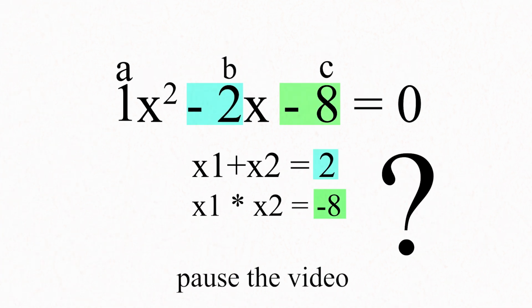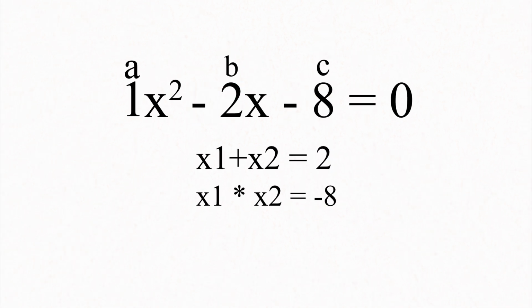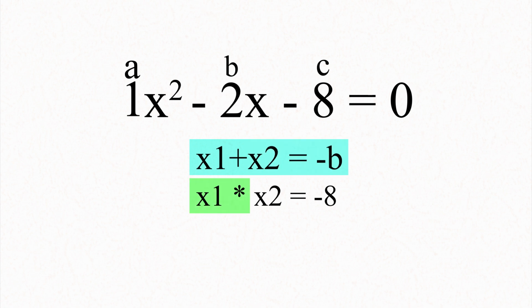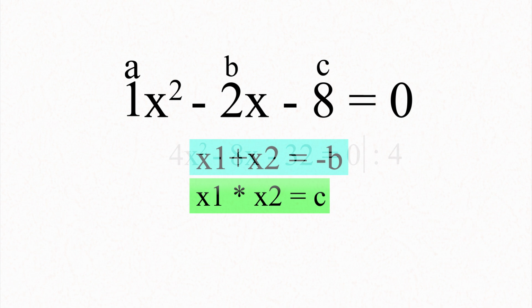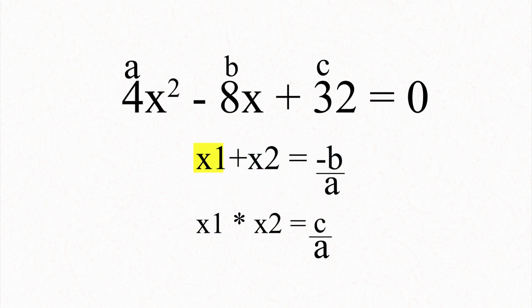Notice something? We can say that the first x plus the second x equals minus b, and the first x times the second x equals c, but this only works when a equals 1, because we divided the whole equation by 4. If we return the equation to its original form, we get first x plus second x equals minus b divided by a, and the first x times the second x equals c divided by a.